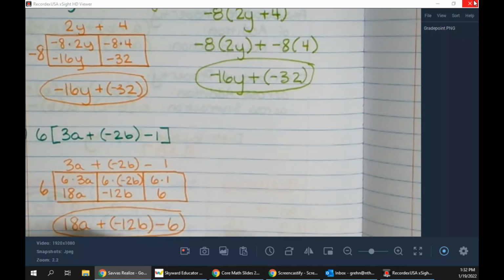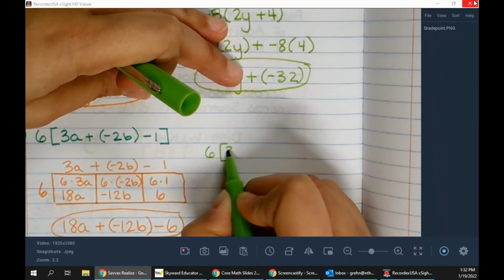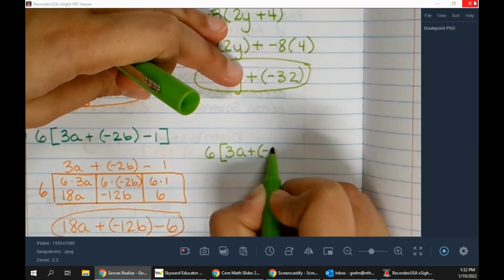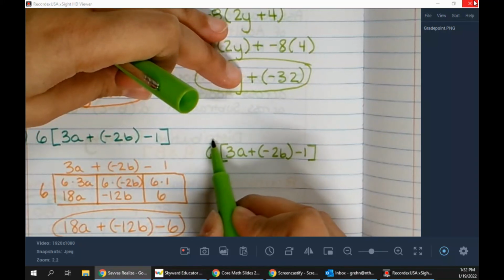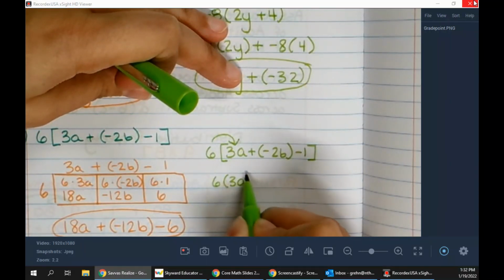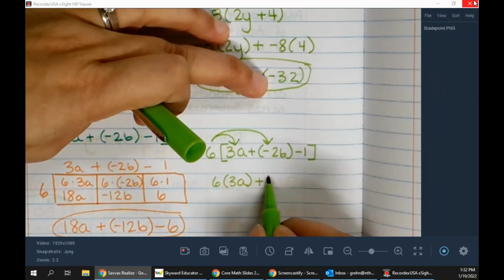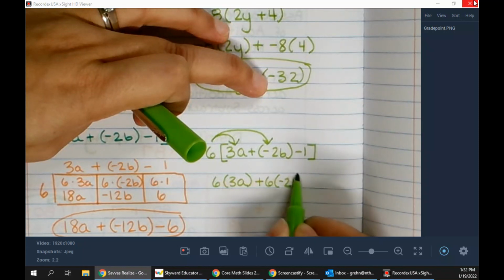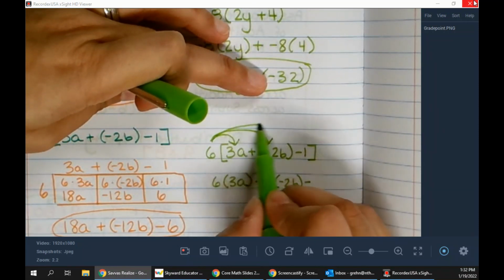Okay, and lastly, let's do the same thing but with the distributive property. So I'm just rewriting the problem. And now I can distribute the 6. So I've got 6 times 3a plus 6 times negative 2b minus 6 times 1.